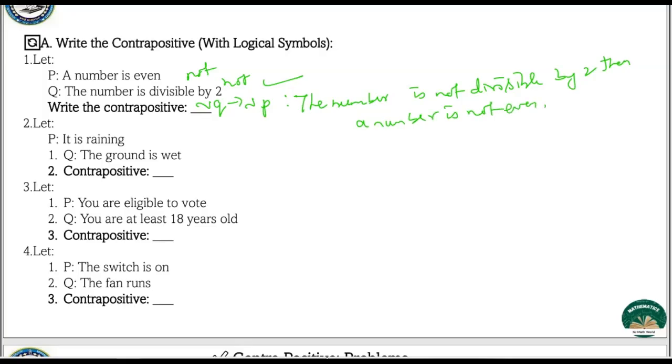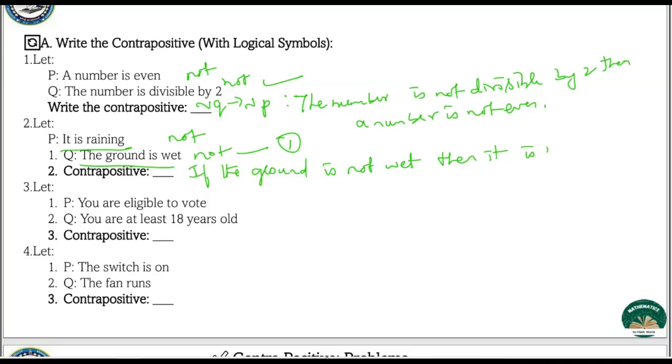Then what is the contrapositive? If it rains, the ground gets wet. So we should use not for both, and use Q first and then P. If the ground is not wet, then it is not raining. Then, you are eligible to vote if you are at least 18 years old.